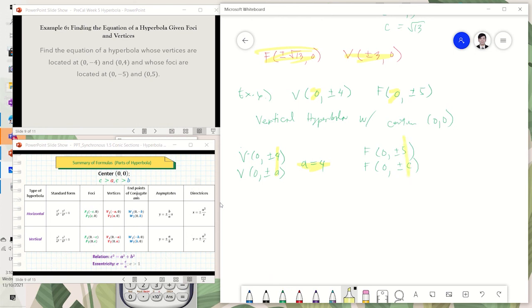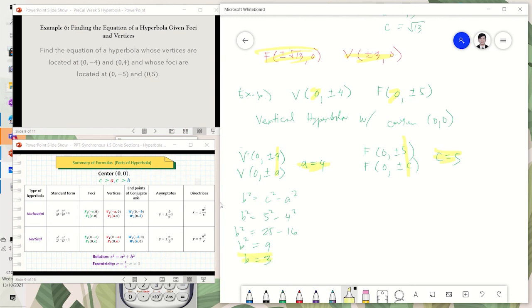So therefore, the c is 5. And use the relationship between the three variables: b squared is equal to c squared minus a squared, where c is 5, a is 4, and that would be 25 minus 16. 25 minus 16 is 9. So get the square root of both sides, you'll get 3.